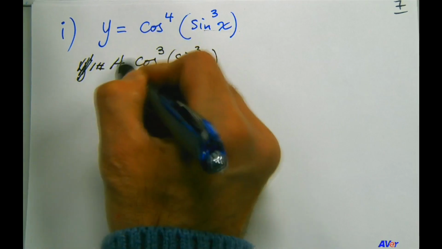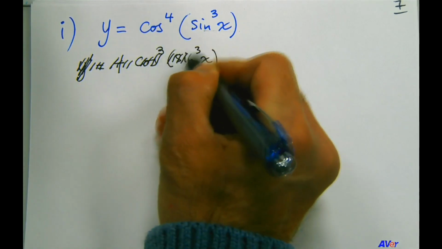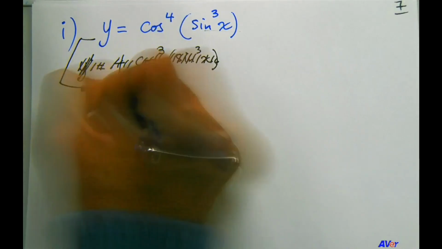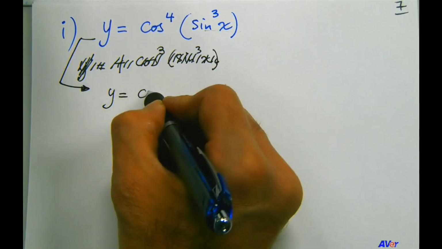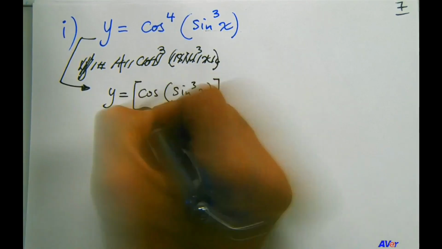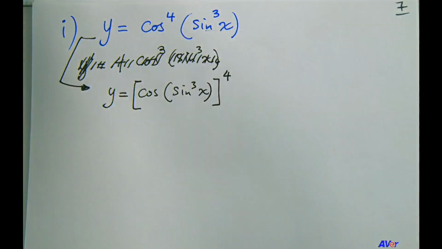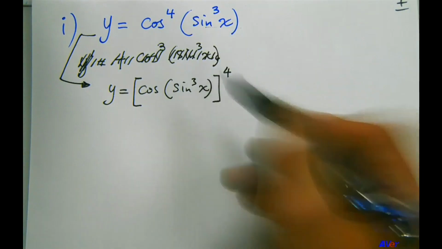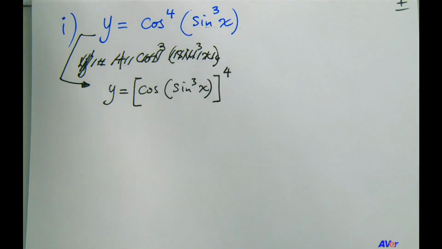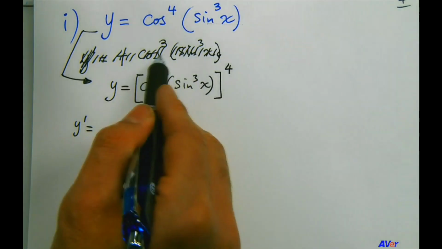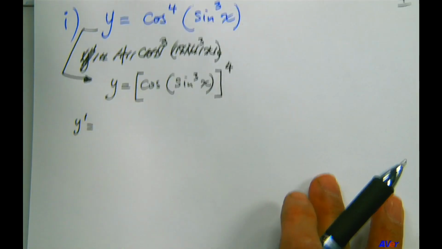So y equals cosine of sine cubed of x raised to the 4th power. These two expressions are the same thing. But this way, it's easier to see why the derivatives shape up the way that you'll see. Eventually we get to that point where I was, but this is easier to follow, that's all.